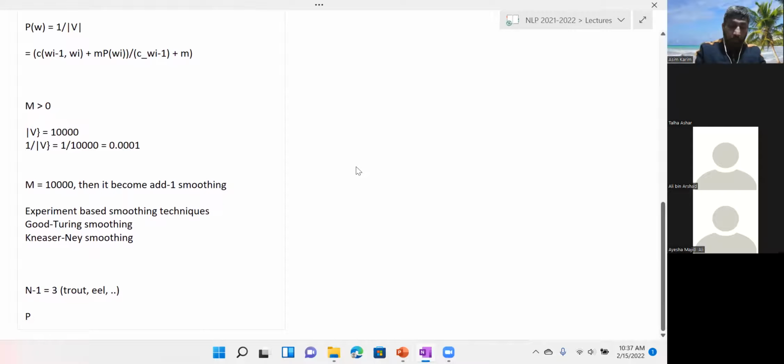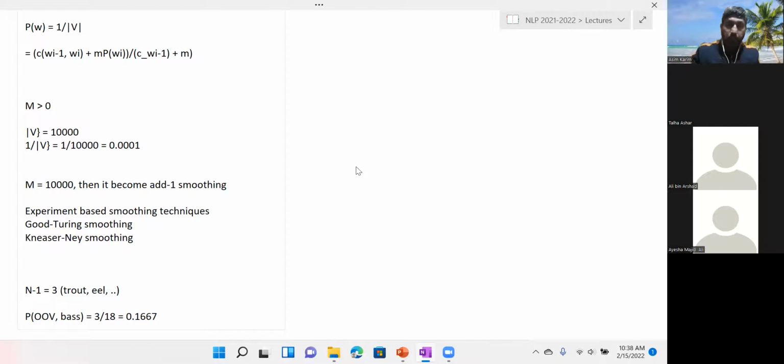So the probability of some other fish that was never seen, some OOV event, like bass, according to this approach, is simply 3 divided by 18. So we use the number of things that we saw once to estimate the probability of things that we did not see.